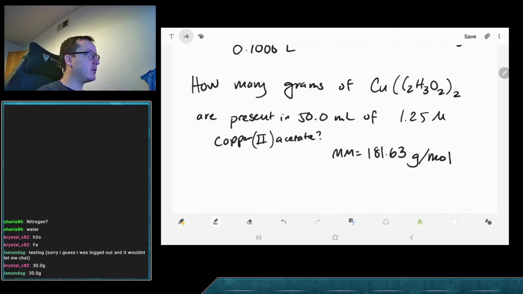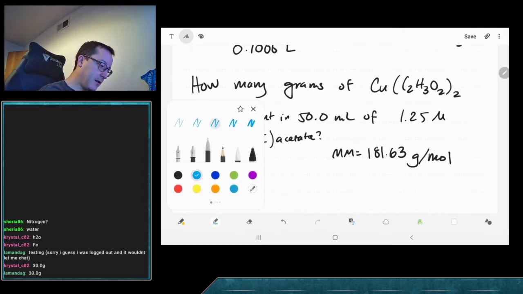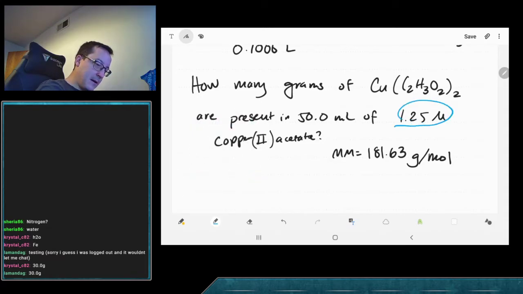So we're trying to see now how many grams we have if we're given a volume and a concentration. And so remembering that this number here is the same as moles per liter, we can do this kind of giant conversion, right?